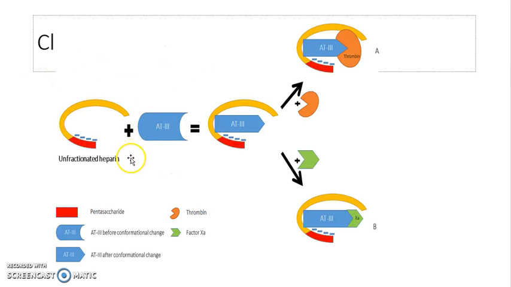There's another diagram showing the same thing: heparin, antithrombin 3, with the unfractionated heparin binding to the thrombin, and it also affects other things like factor 10A, activated factor 10.